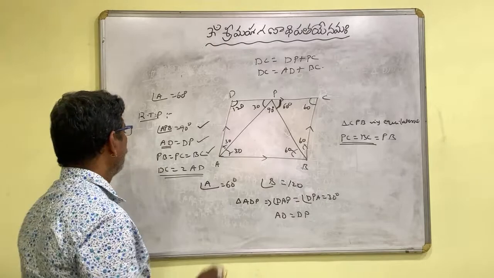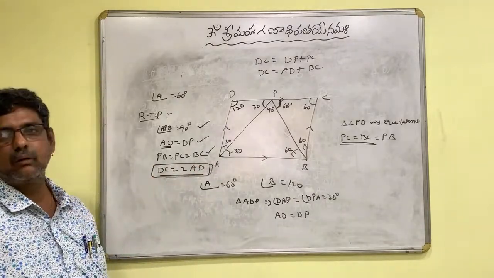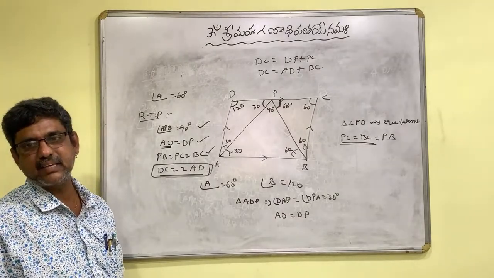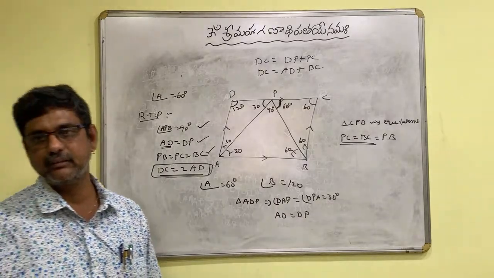Now, what we have to prove? DC is equal to 2AD. Very good.